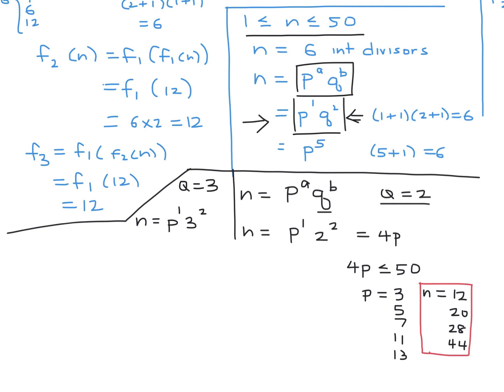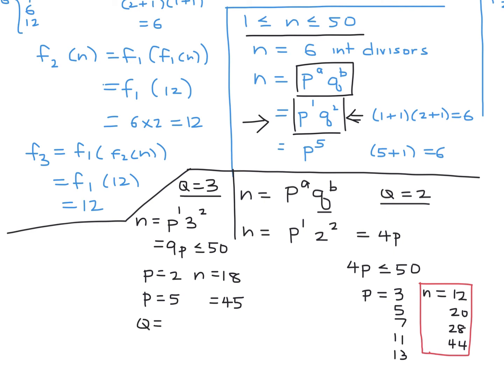This is like 9p, and we want this to be less than or equal to 50. So we can get that for p equals 2 and p equals 5. And I think that's it. So that would give us values of n of 18 and 45. Okay. And then similarly, you just keep going here.